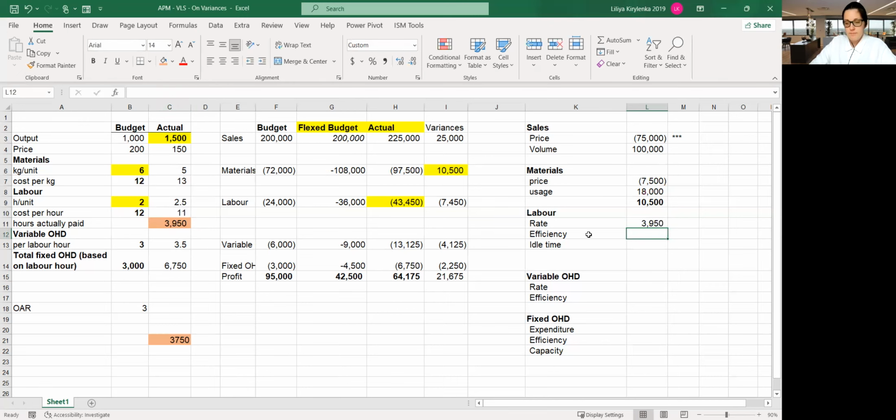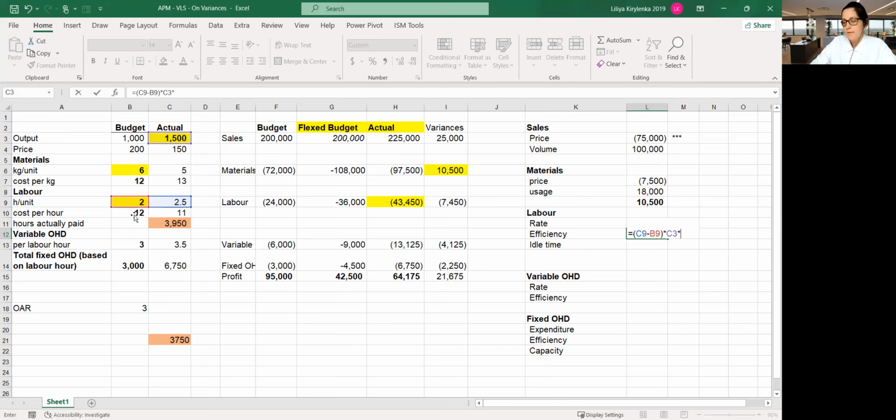Now, efficiency. Efficiency variance is about how well the employees worked. So they spent 2.5 hours per unit, whereas they were supposed to spend 2 hours per unit. And they worked for 1,500 units. And we need to take the standard labor rate.